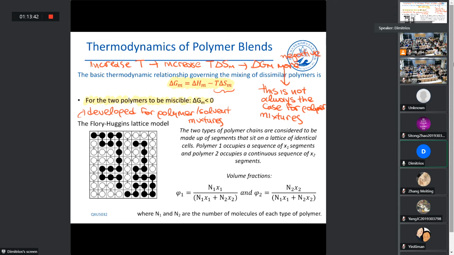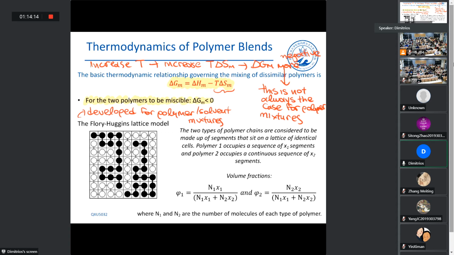Okay, we have different intermolecular interactions, hydrogen bonding, and so on between different types of polymers. While in polymer and solvent mixtures, we have much more different interactions at the chemical level and no interactions between chains. Okay, so as you would realize, the theory is not perfect, but again, it's used in order to give us, let's say, an approximation for the thermodynamics of polymer blends.